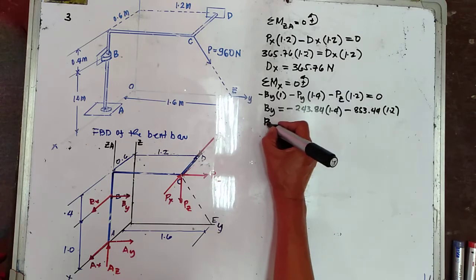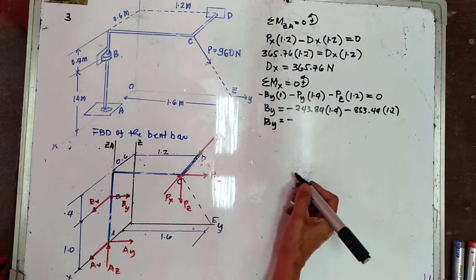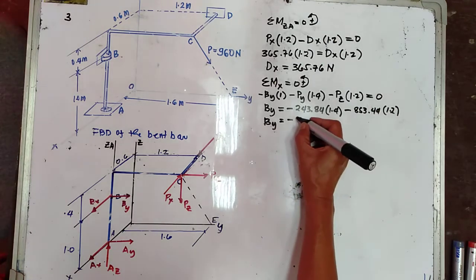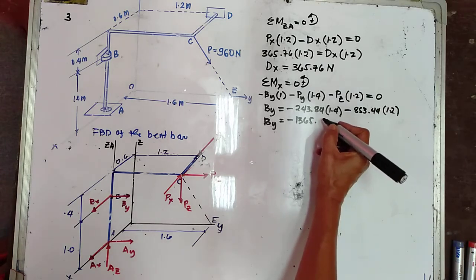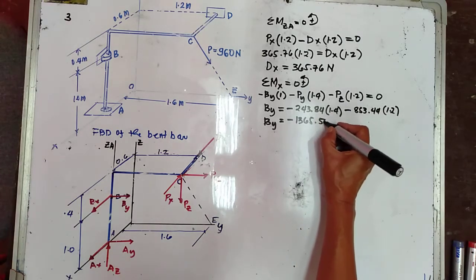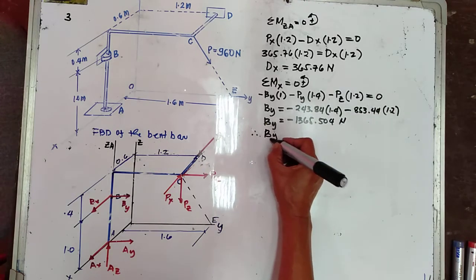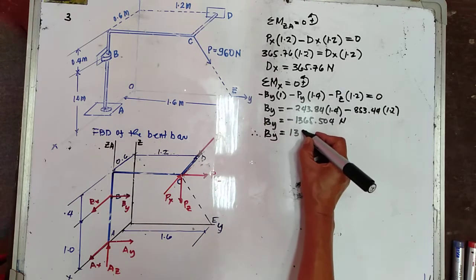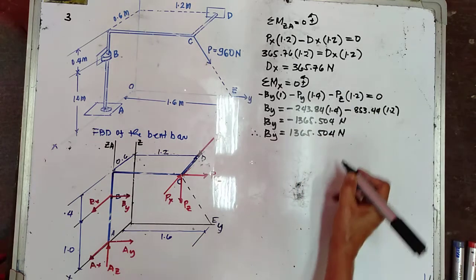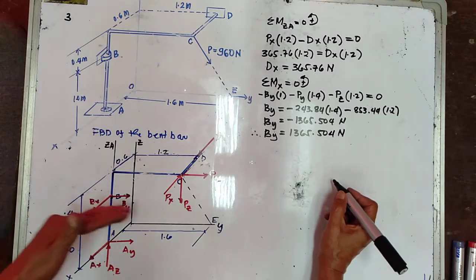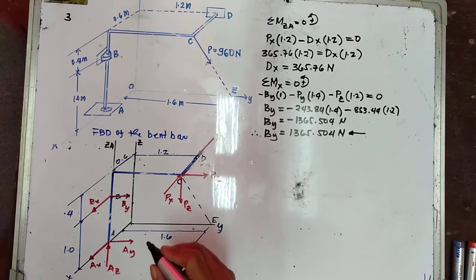So that your by is now equal to negative 1365.504 newtons. Hence, your by is equal to 1365.504 newtons. So, the direction of by is supposed to be going to the left.